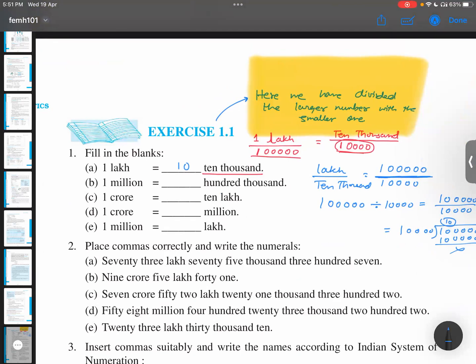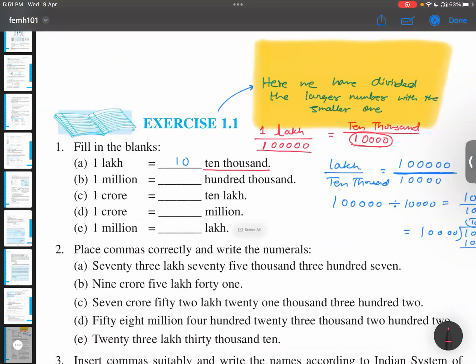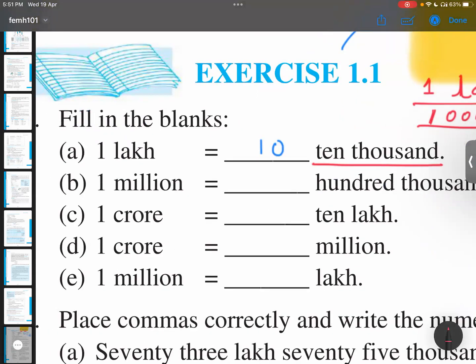Look, pay attention here. 1 lakh has how many zeros? One, two, three, four, five. Five zeros. My answer was 10, and 10,000 multiplied by it is equal to 1 lakh.